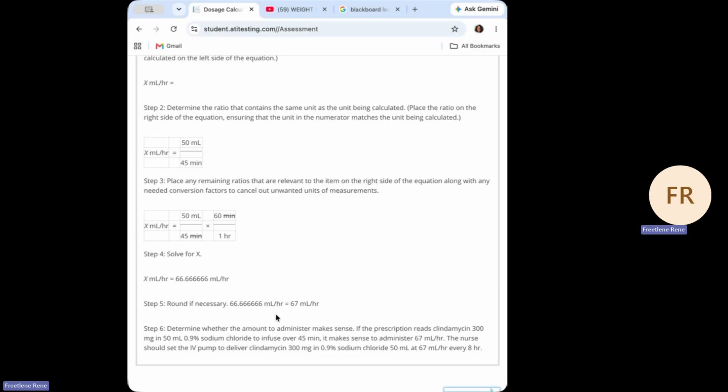So you're going to do 50 over 45 minutes, and then the next part of the equation is converting minutes into hours, and 60 minutes equals 1 hour. Once you plug in all those numbers, you multiply across, and then you divide. Eventually you got 66.666, and then you round that to the whole number, which is 67.